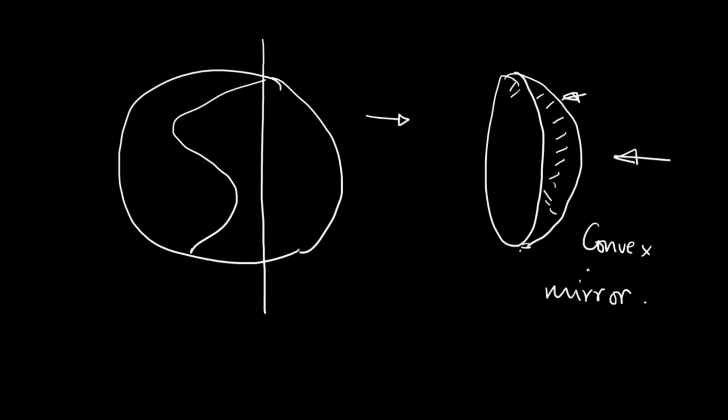And upfront, let me tell you that every convex and concave mirror is going to be associated with the center of the ball. So this is the center of the ball.